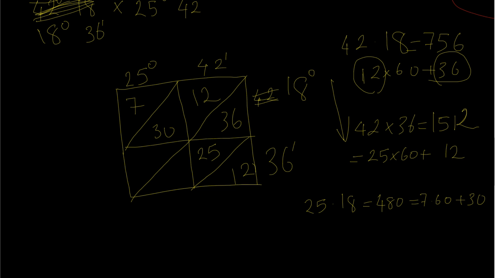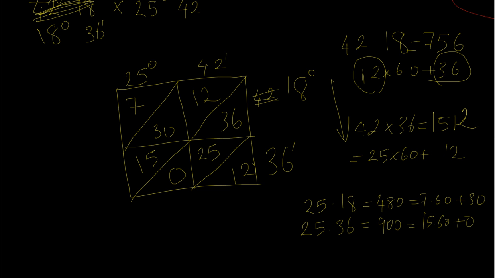And finally, for this square, we need to multiply 25 and 36. It is equal to 900, which is equal to 15 times 60 plus 0. So we have 0 here and 15 here.